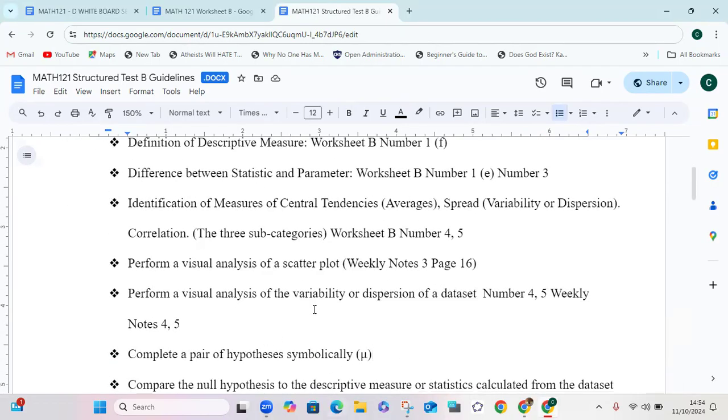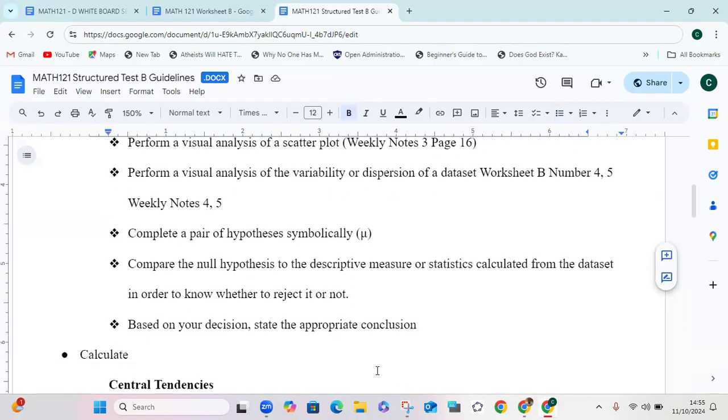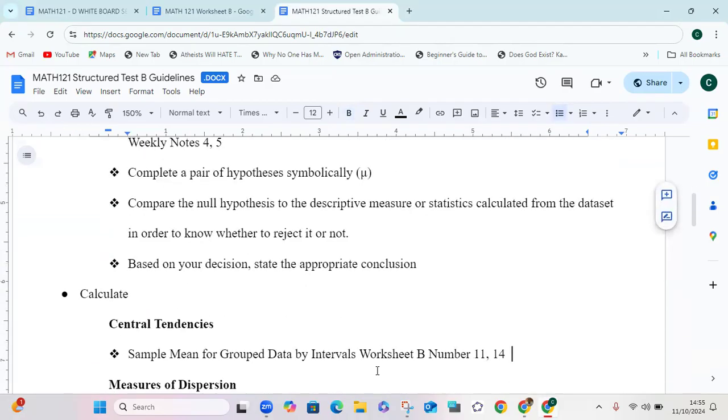To perform a visual analysis of the variability or dispersion of a data set, worksheet B, numbers 4 and 5. And you can also go to weekly notes 4 and 5. You need to know how to complete a pair of hypotheses, compare the null hypothesis to the descriptive measure to decide and conclude, like what we just did a while ago, and to conclude appropriately.